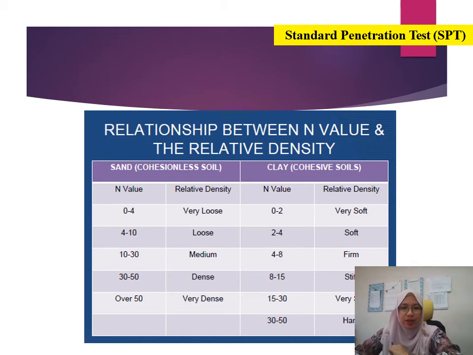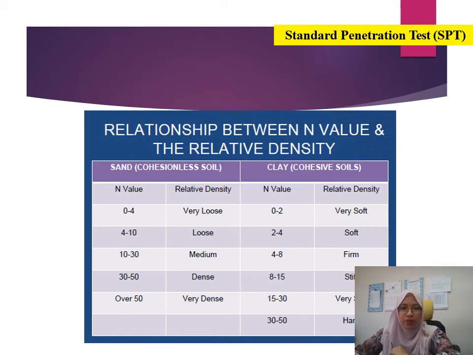Okay, so this is the relationship between the SPT N value and the relative density, right? You can check the total N value at every interval, and then you can check what the relative density of the soil is, either for cohesionless soil or for cohesive soil.